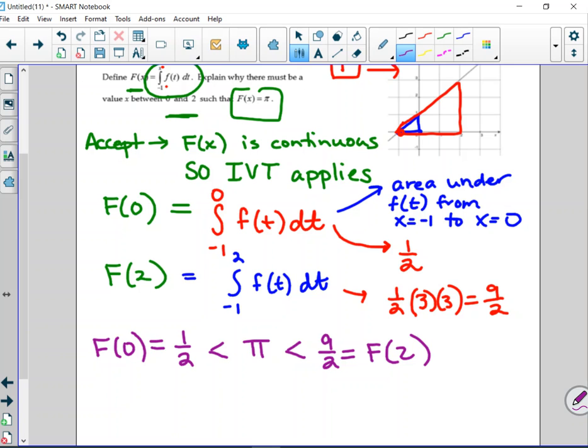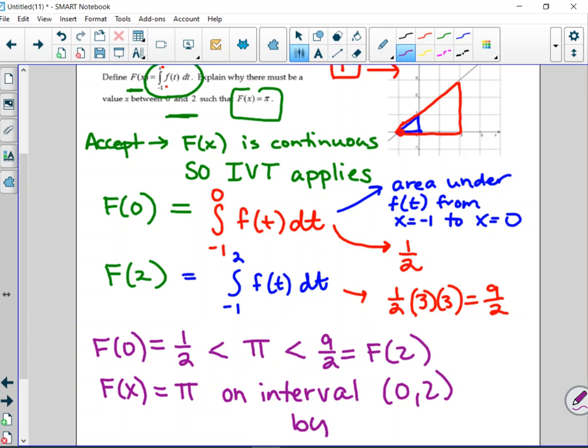So 1/2 is the little guy, 9 halves is the big guy. So 1/2 is less than pi, less than 9 halves. So that means F of x equals pi on the interval 0 to 2 because of the intermediate value theorem.